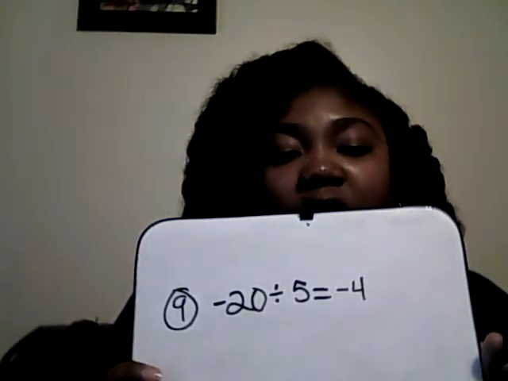Negative 4. Okay, so we're done with the integers now. Like I said, I really hope that this is beneficial to you guys. I really hope that it helps with you understanding and grasping how to work out and do integers. Continue practicing, continue working on it. That's the only way you get better at it, is by doing it, and just remembering those principles.